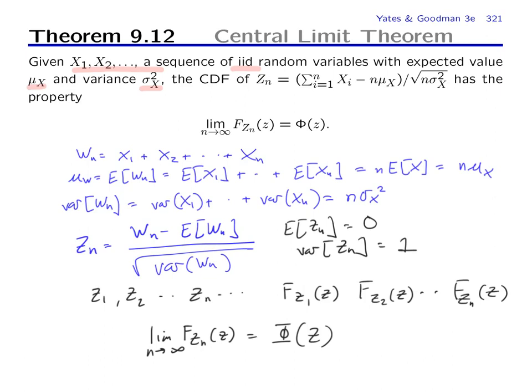And what we conclude from this is that for a sum of IID random variables, its CDF converges to a Gaussian CDF, and we like to think of that as saying the sum of random variables for large n becomes Gaussian. This is the fundamental reason why so many physical situations have Gaussian random variables at their core.